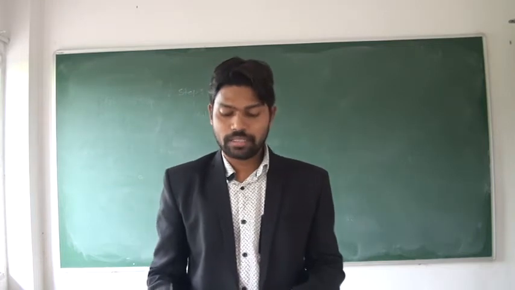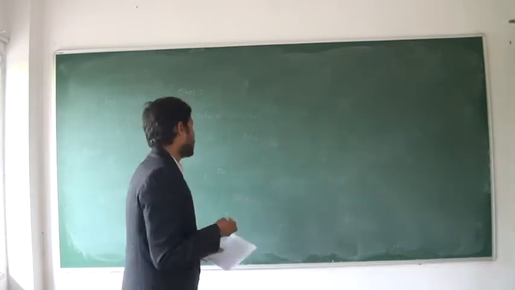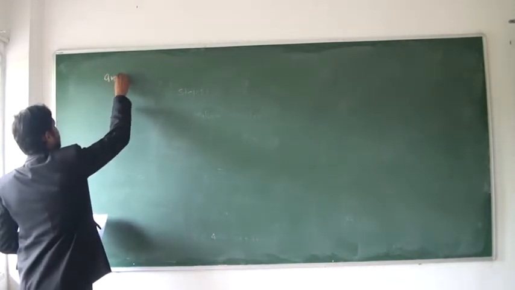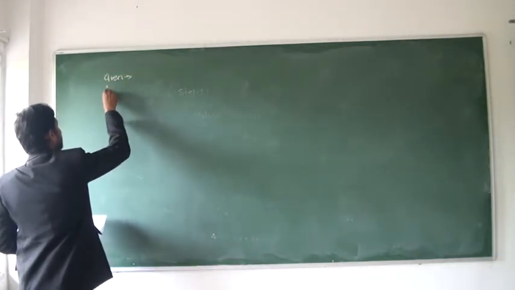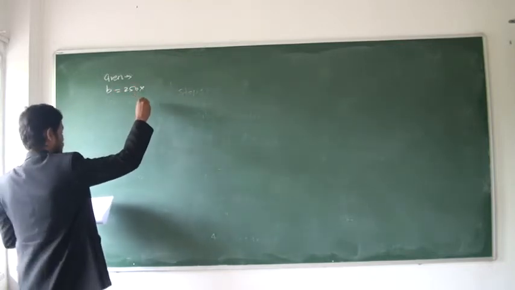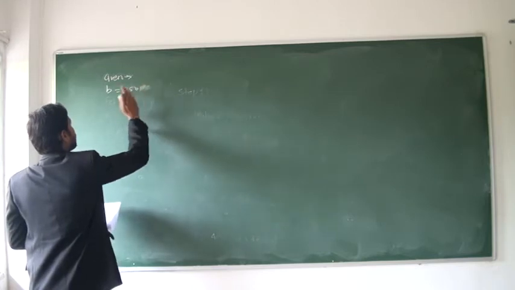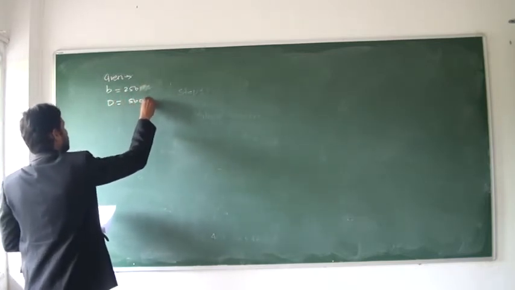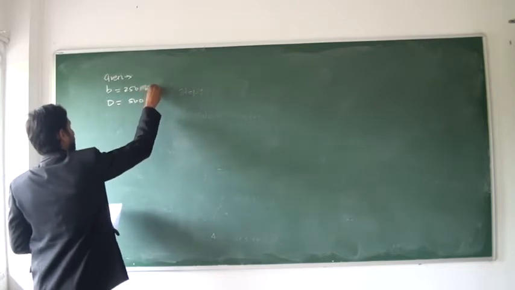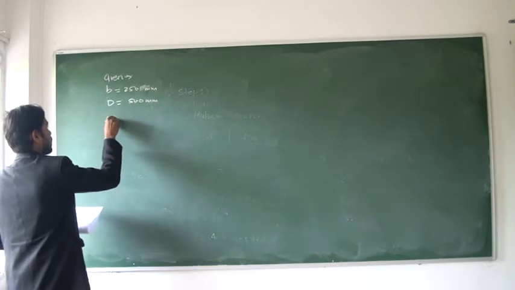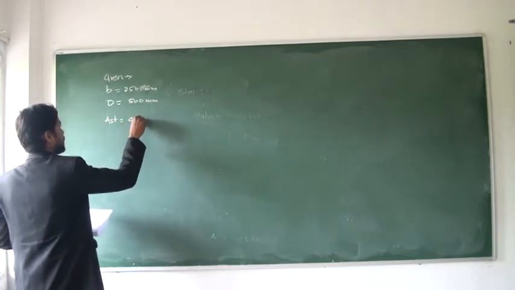So what they have given, I will write the given parameters. Size of beam is given, 250 multiplied by 500, so 250 is the width. Overall depth is given, it is 500 mm. Then Ast is given, amount of reinforcement, 4 bars of 20 mm diameter.